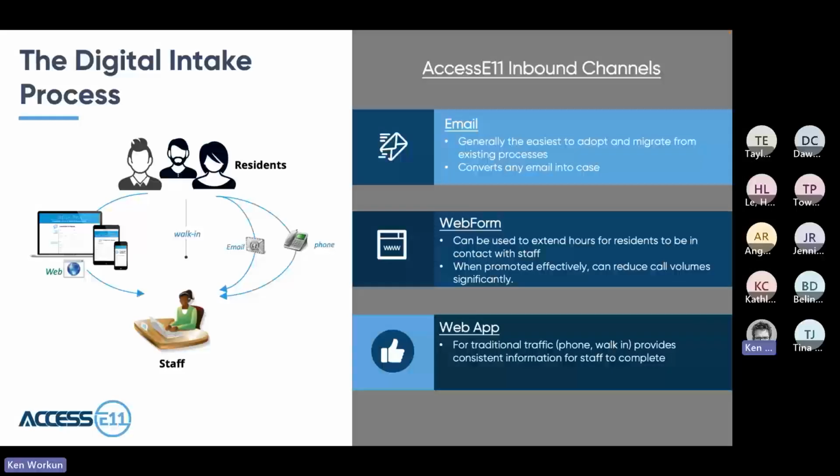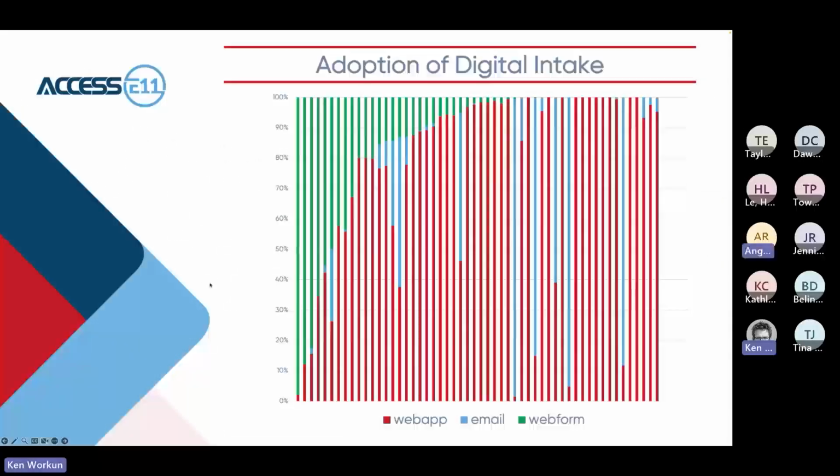In terms of adoption, a bit of an eye chart here, I apologize, but what you're looking at is a cross section of our customers. So each line represents a set of Access E11 customers in our system. And then the three forms of intake and how well they've relatively been adopted.